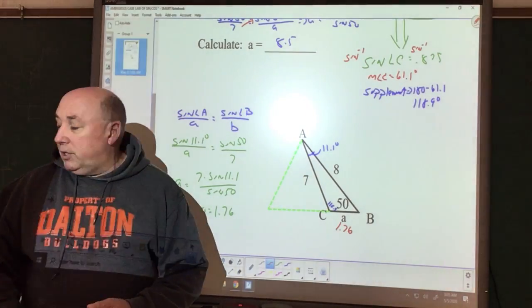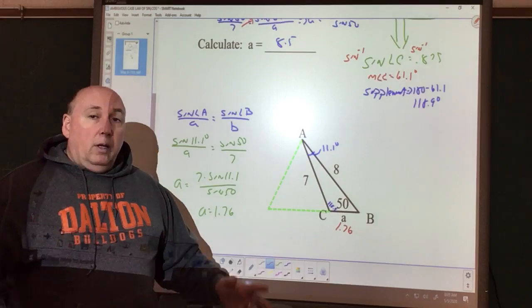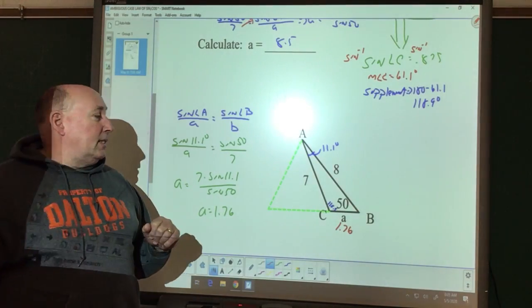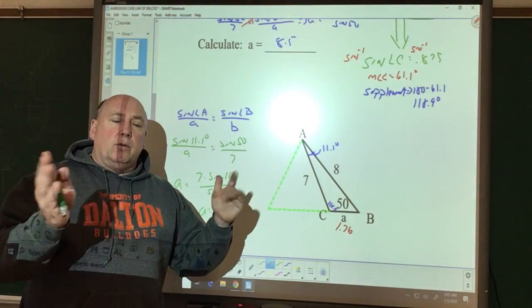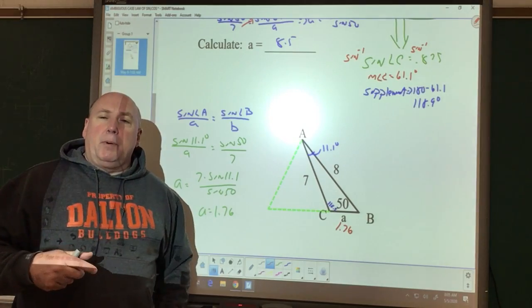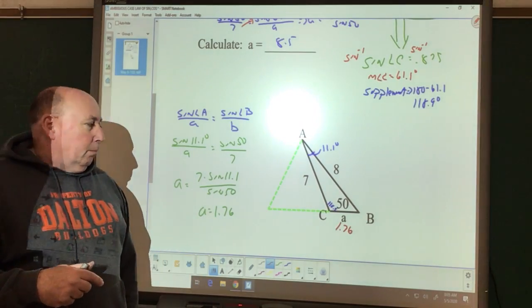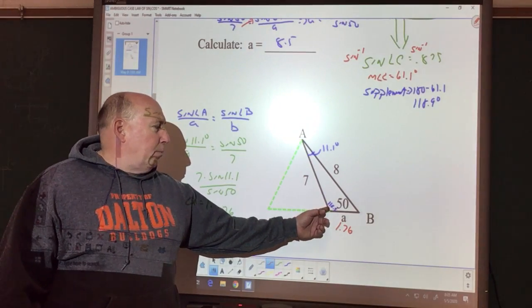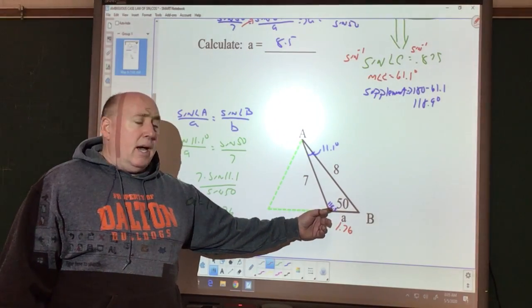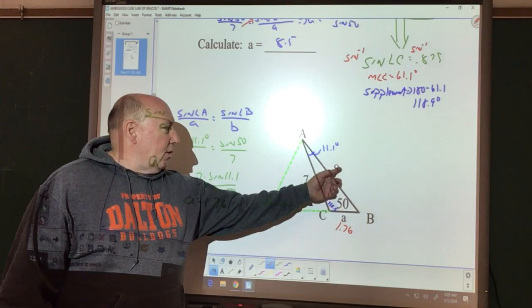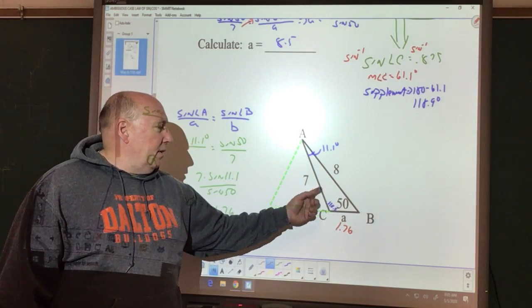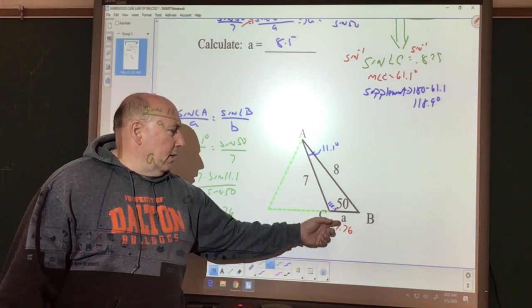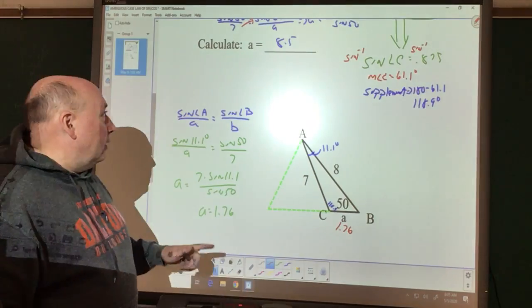Now what we should always check in all of our problems, the biggest side is across from the biggest angle, the smallest side is always across from the smallest angle. That's one of those properties of a triangle. Here I have 118.9, biggest side, biggest angle, they're opposite, 7 in the middle, smallest, smallest, that works.